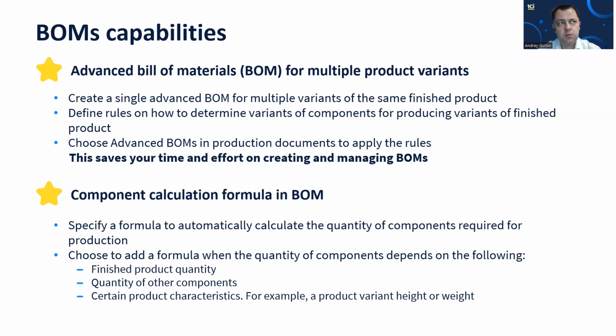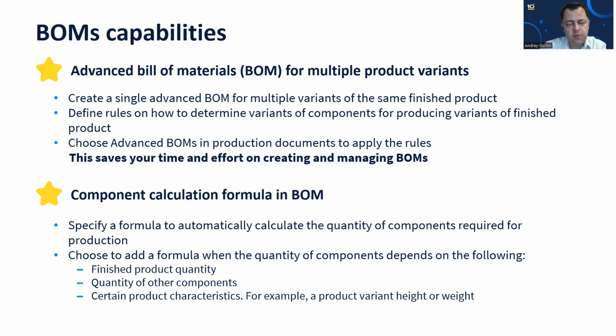Previously, you should create a lot of different BOMs for those variations of sizes, colors, materials, etc. It was a nightmare. And choose advanced BOM in production documents to apply the rules. This new feature extremely saves time and effort on creating and managing BOMs.